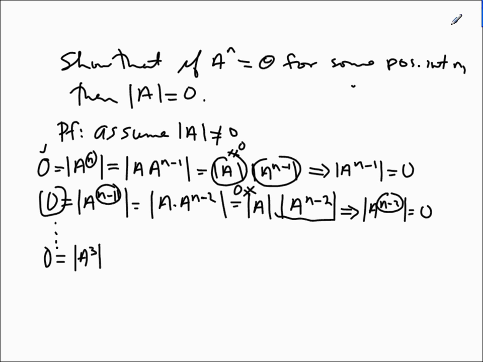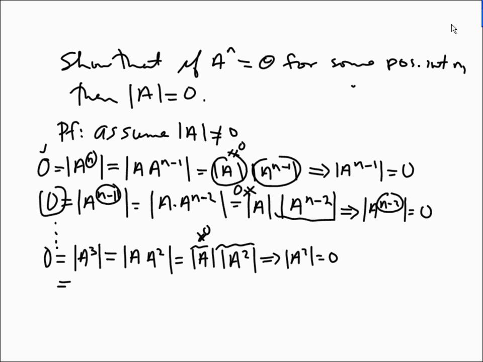Now, you can say we already proved that means the determinant of A is 0. But if you want to continue, A cubed is A times A squared. So this is the determinant of A times the determinant of A squared. Since the determinant of A is not 0, this must be 0.